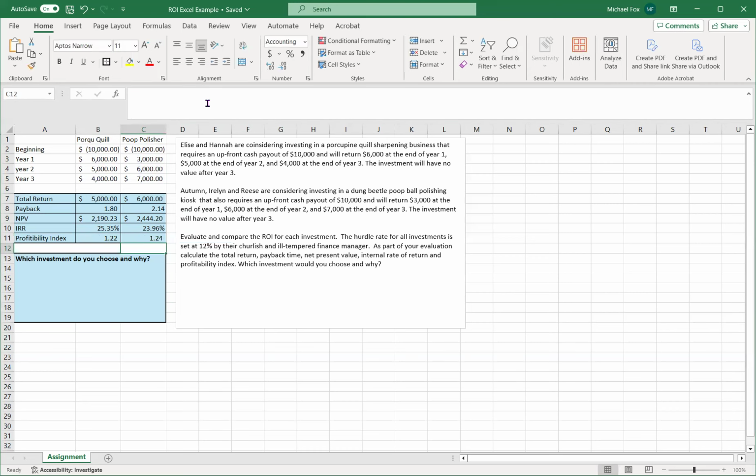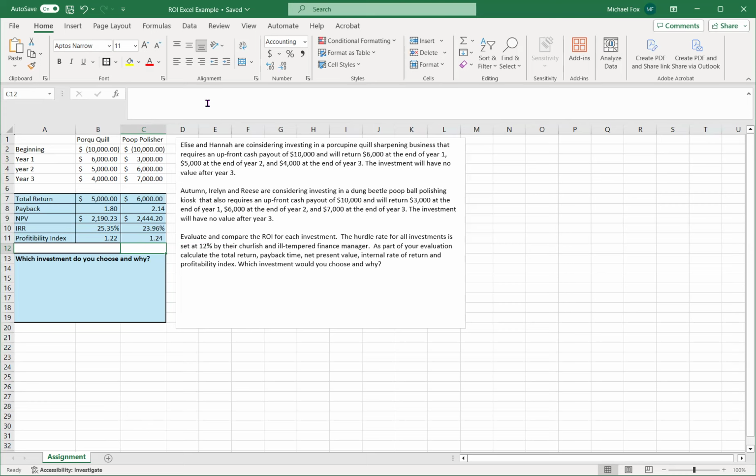So there we go. So on this one, it looks like overall the polisher is our better investment. It's got a higher total return, a higher net present value, and its profitability index is slightly higher. Although it does look like they're both good investments, right? Both of them are giving us a positive net present value.